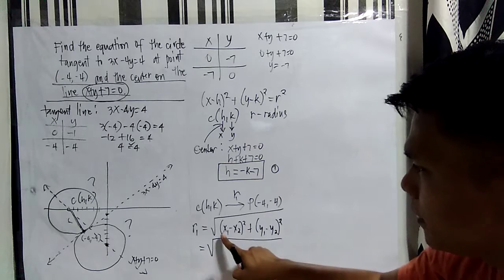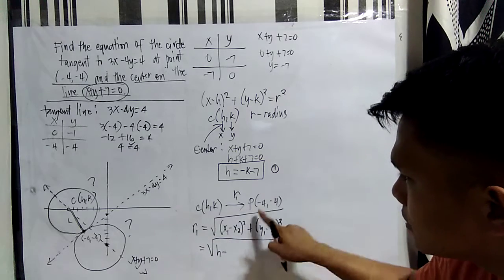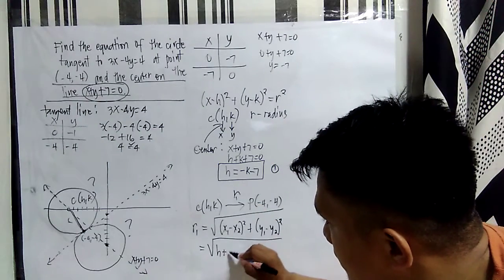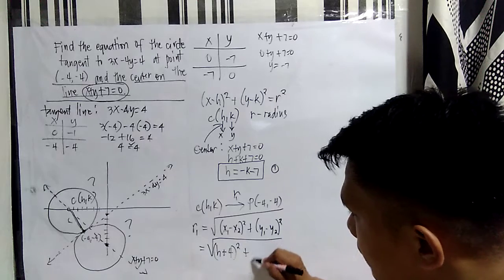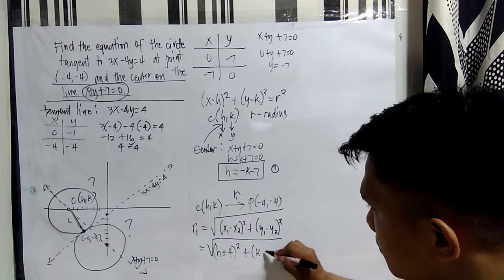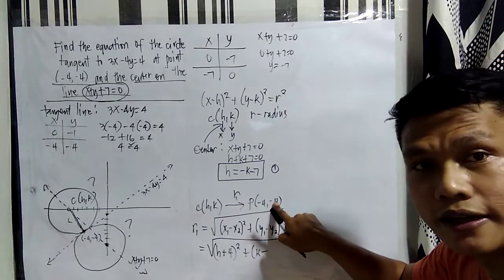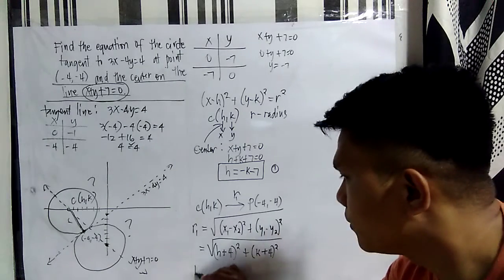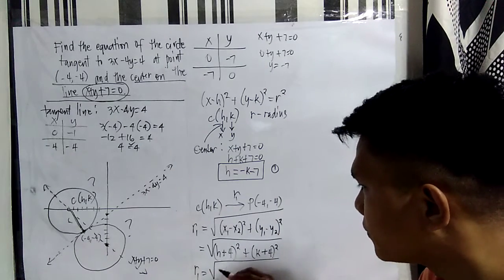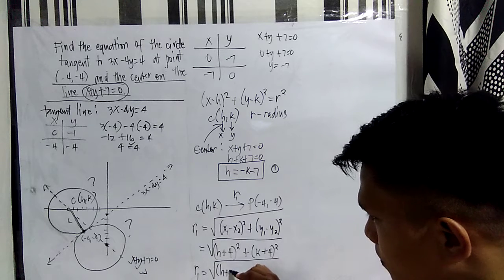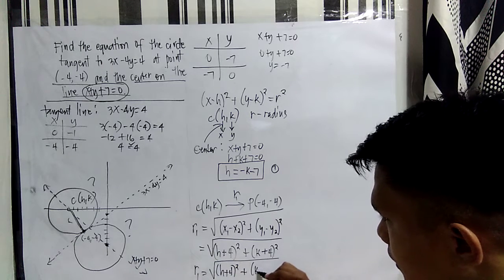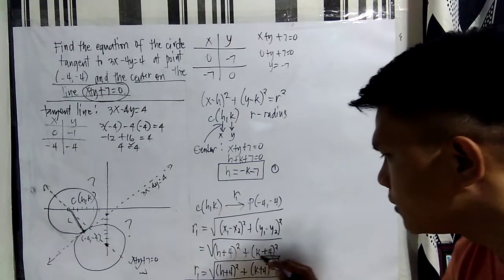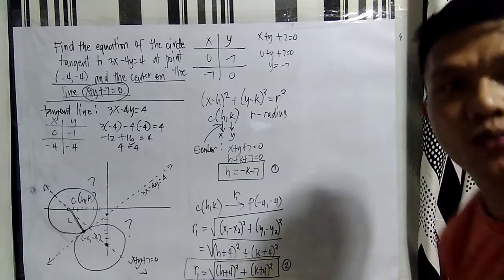That is the square root of x sub 1 is h minus, we have x sub 2 which is negative 4, so negative times negative, positive 4 squared, plus y sub 1 is k minus negative 4, negative times negative is positive 4 squared. So what is our r sub 1? That is the square root of h plus 4 squared plus k plus 4 squared is equal to r sub 1. So this will be our second equation.